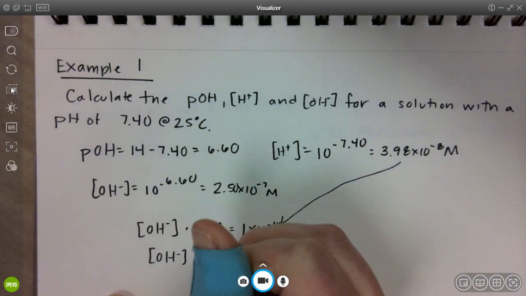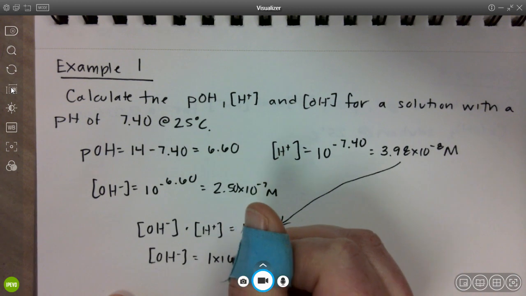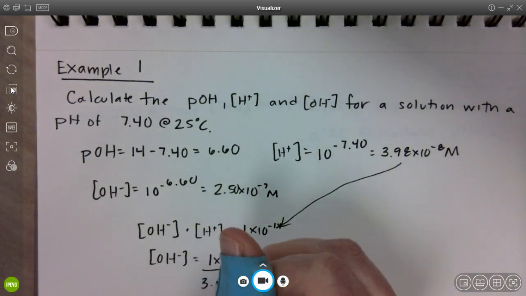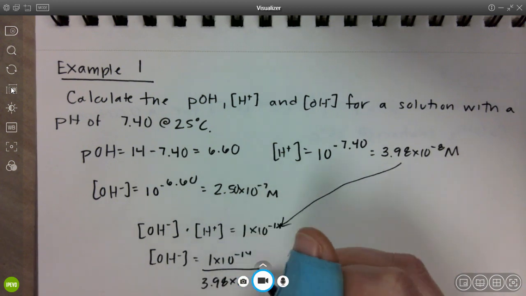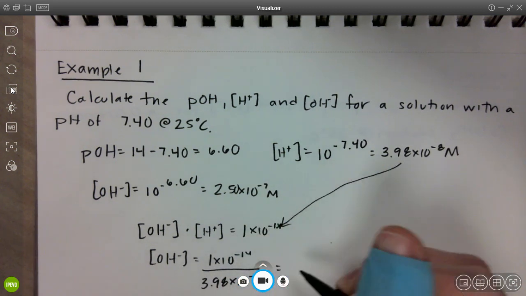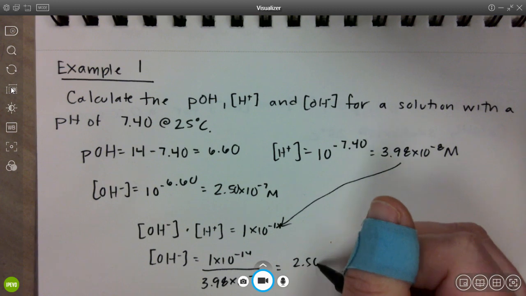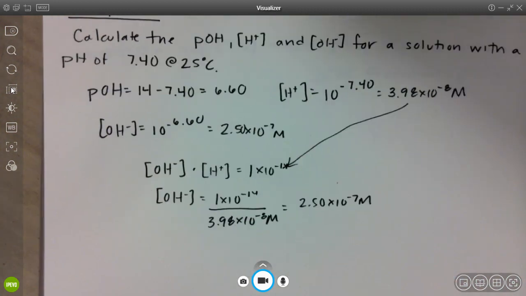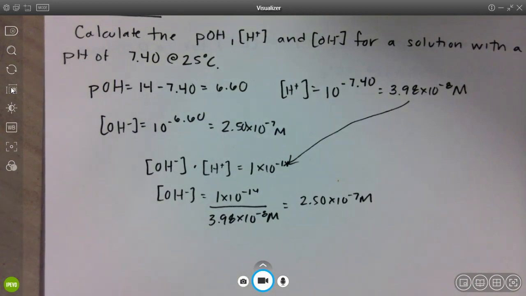So OH minus is equal to 1 times 10 to the negative 14th divided by that 3.98 times 10 to the negative 8th molar. And I'll get that same answer of 2.5 times 10 to the negative 7th molar. So it works kind of either way when you're solving for those concentrations. So just kind of keep those in your back pocket.